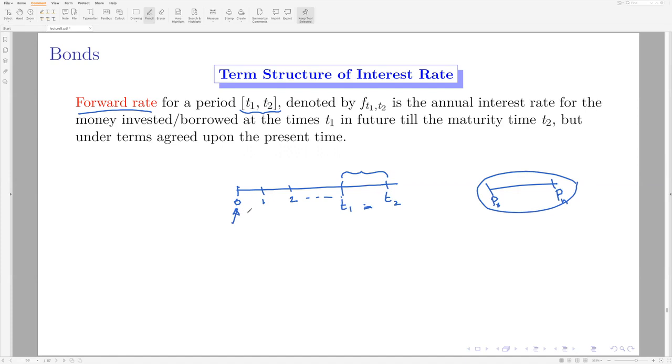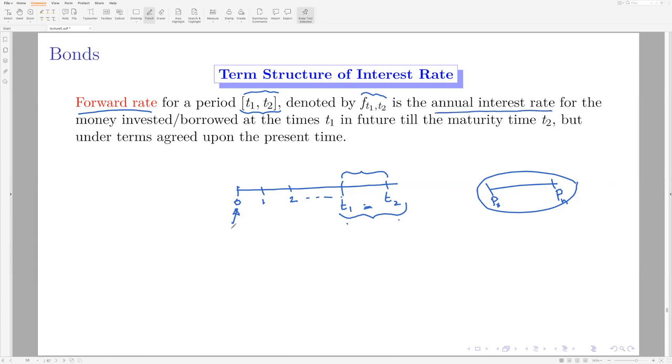So if I want to somehow make my interest fixed today, what you can do is go for a contract with somebody saying that, well, from T1 to T2, you can lend money for a certain percentage. So the forward rate for any period T1 to T2, which generally we denote by this, is an annual interest rate.